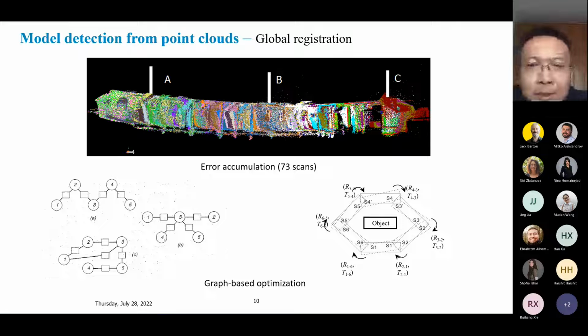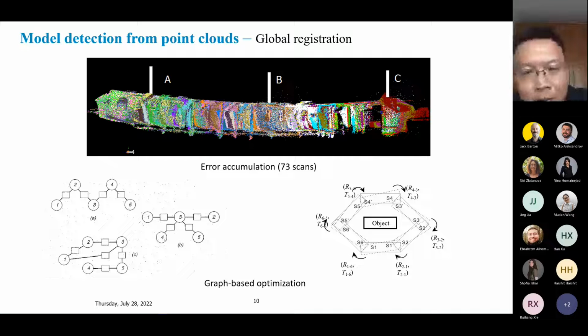And for registration, especially in indoor and underground situations, because the scenario is quite limited, if we have multiple scans of point clouds, we need to have optimized registration results. We call this global registration. There are different ways to implement such a process, and one quite popular way is to use a graph.